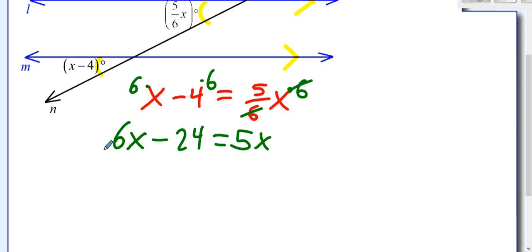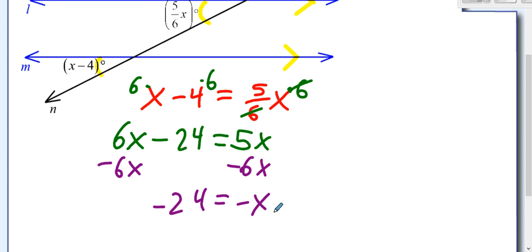So now we're trying to get everything together to solve it out. So let's move the 6x over. We have negative 24 equals negative 1x. And we don't want a negative x. We can change those signs. Divide by negative 1. X equals 24.